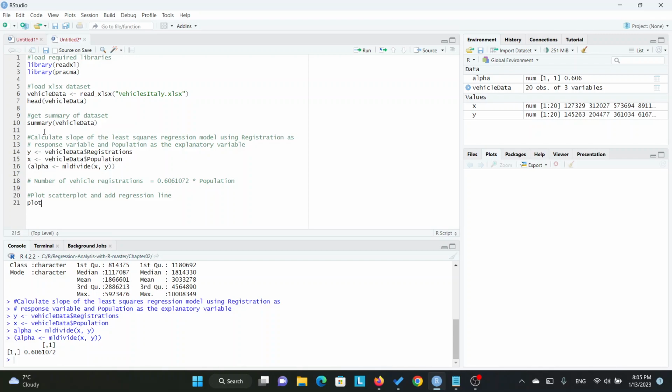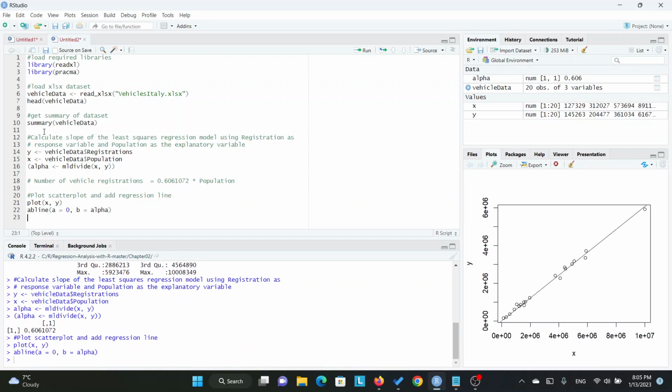Now let's first plot the graph, x and y, and we'll add our abline. a is going to be 0 because we have no intercept at this moment, and b is going to be alpha. We can run those two lines, and as you can see in our graph, there's a very strong positive relationship between number of vehicle registrations and the population. As the population increases, which is on the x-axis, the number of vehicles registered also increases.